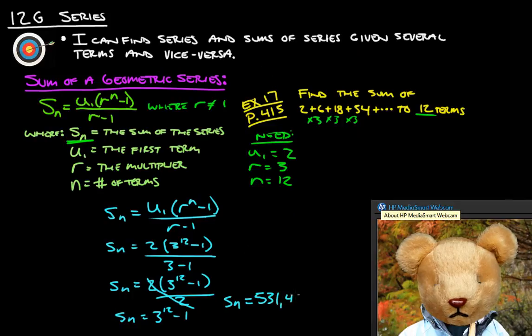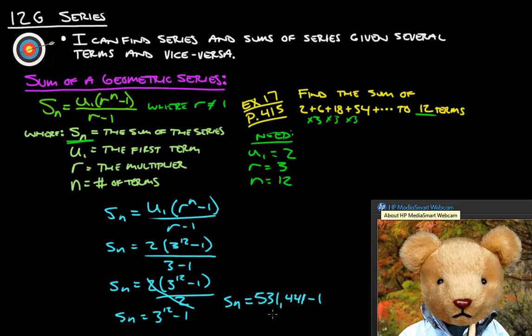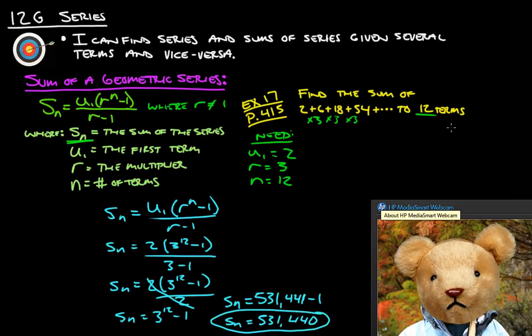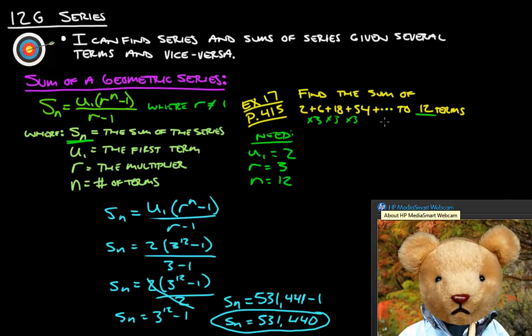I think I've only done that what, 3 times now? So 531,441 minus 1, so S of n is just 531,440. That is the sum of this sequence to 12 terms.